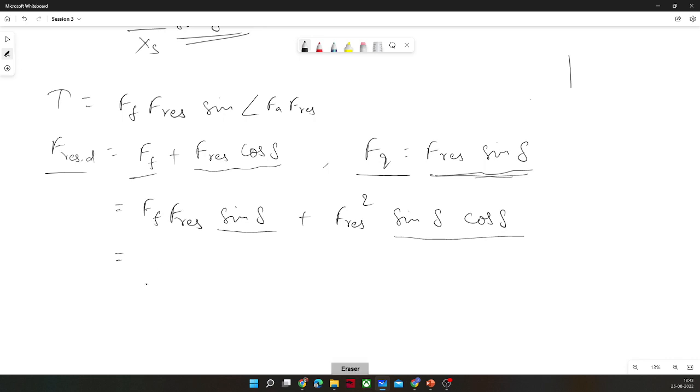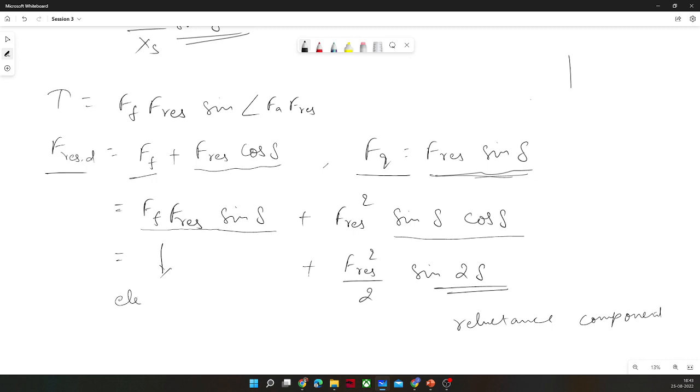So you can further write it as F resultant square by 2 sine 2 delta. So this is the reluctance component. I guess once in 2018, one problem was framed based on the reluctance component, so I guess it is in the syllabus.